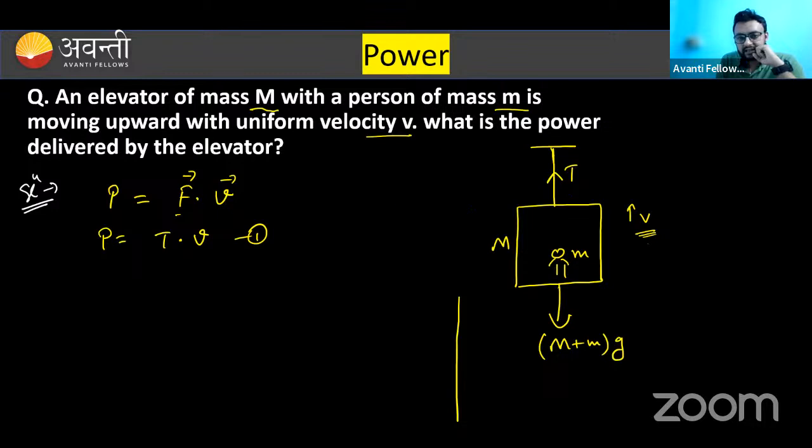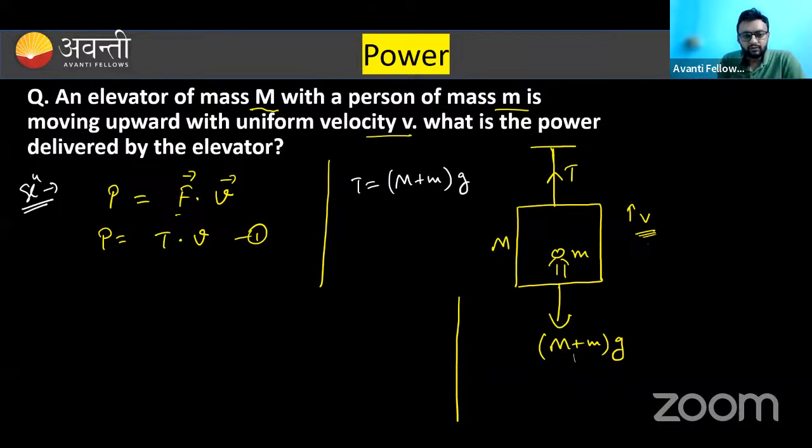So can you say that T equals this: the upward force must equal the downward force because net force must be 0. So T equals (M plus m) g. This is what we got.